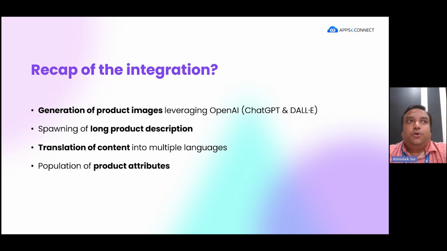All these things can be automated easily using the OpenAI APIs. Population of some product attributes, like weight and color, can also be done through OpenAI. If you don't have the data in your ERP application, it can populate it and give you a better result in terms of showing it to the customer.